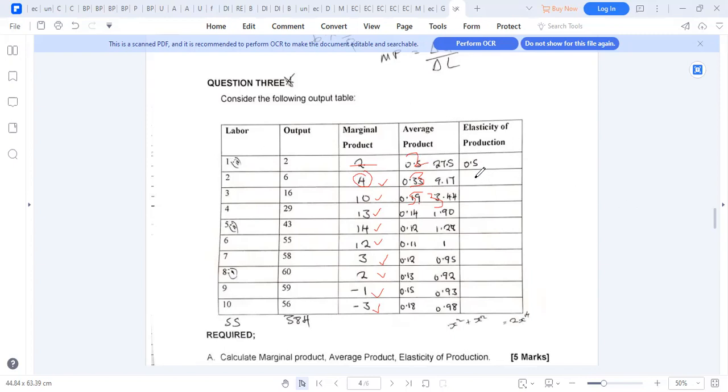So here elasticity is 2. 16 minus 6 is 10. So in short, you're getting this answer divided. So 4 divided by 2 is 2. 10 divided by 6 is what? 1.6. Then 13 divided by 16. So this is how you get the elasticity. The diagonals, just.